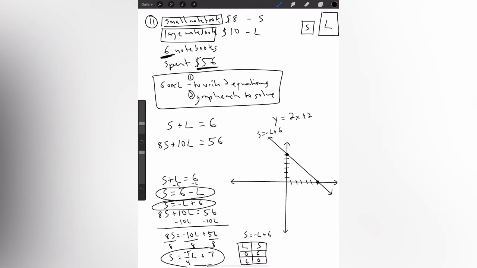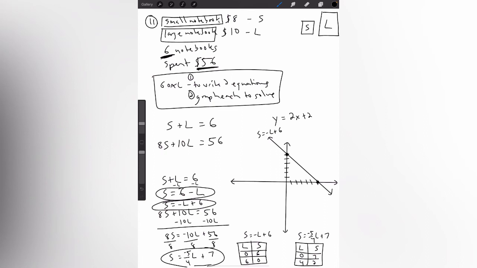All right, and then I'm going to use s is equal to negative 5/4 l plus 7. If I still use l and s as my x and y, right? Don't be too confused by that. That's just x and y. Maybe I'll use 0, that would give me 7. And then if I use 4, right, that would give me negative 5. Negative 5 plus 7 is a positive 2.